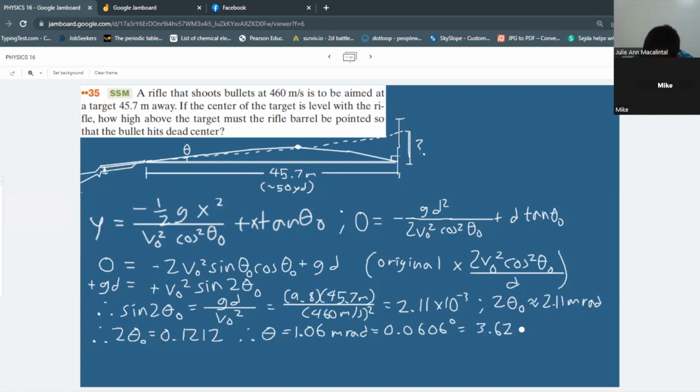Ngayon, kailangan natin yung height, di ba? Ginagamit ko yung ito para sa sighting ko eh. So, it's appropriate.